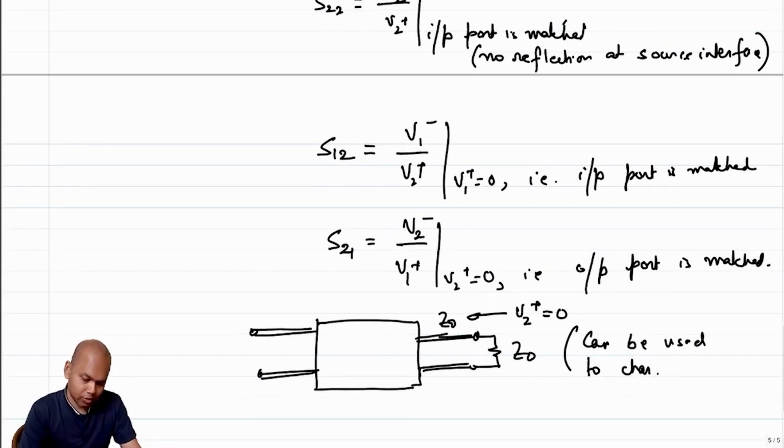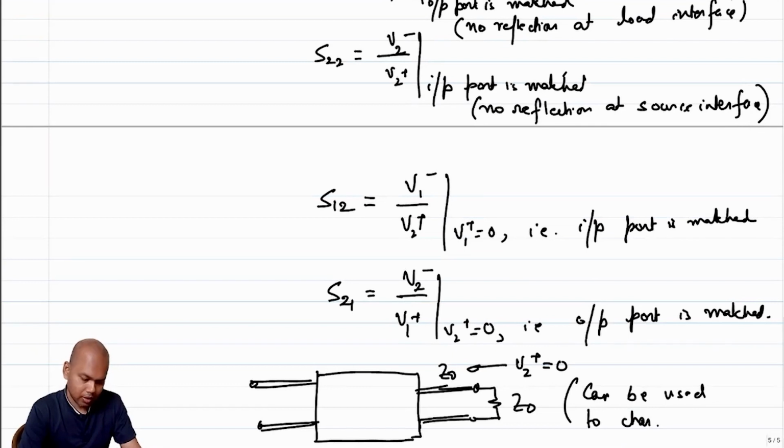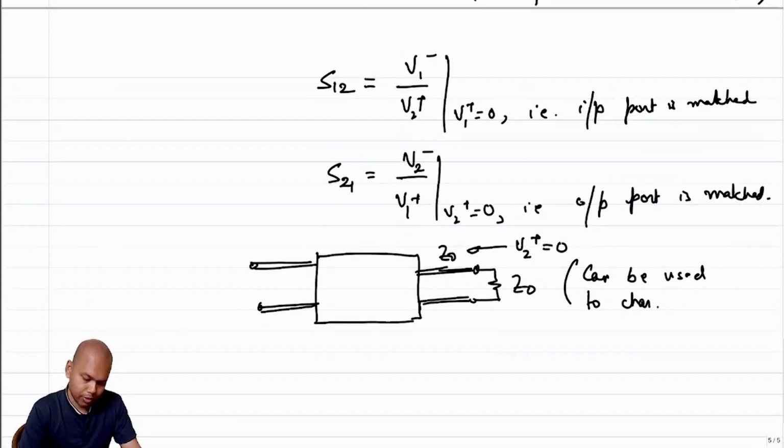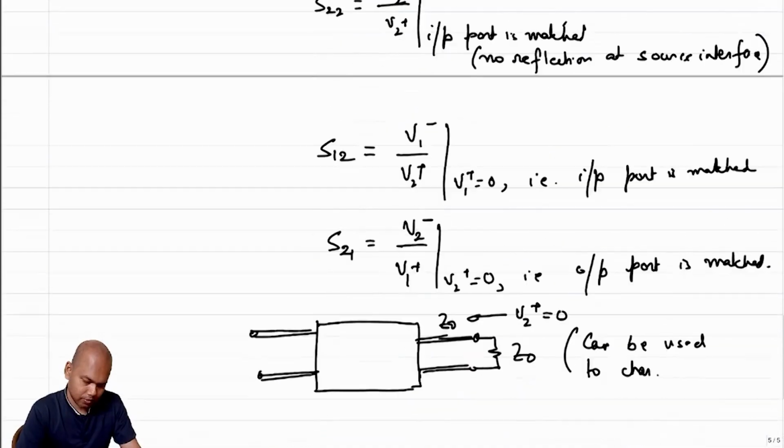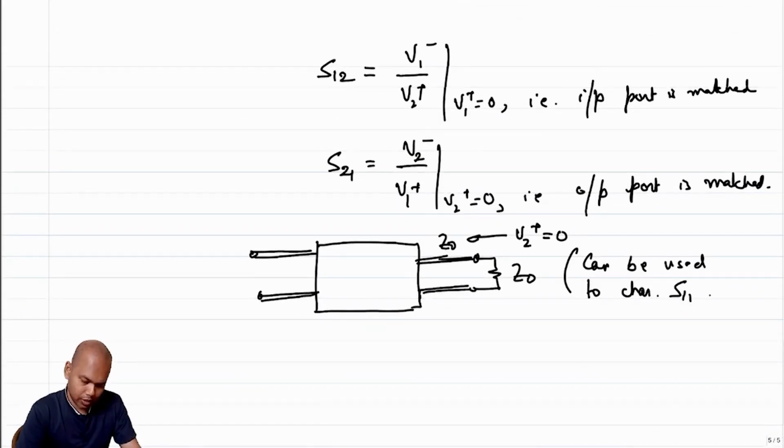V2 plus equal to 0 can be used to characterize S11 and S21.